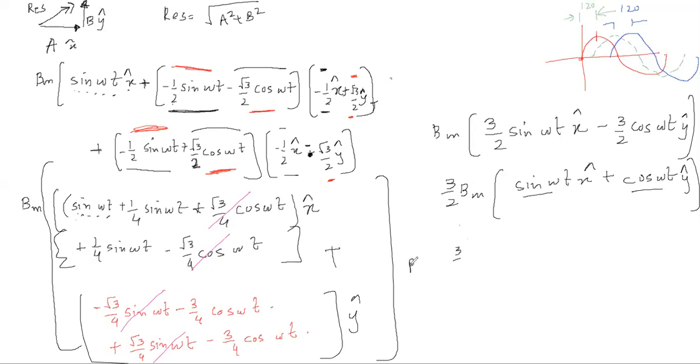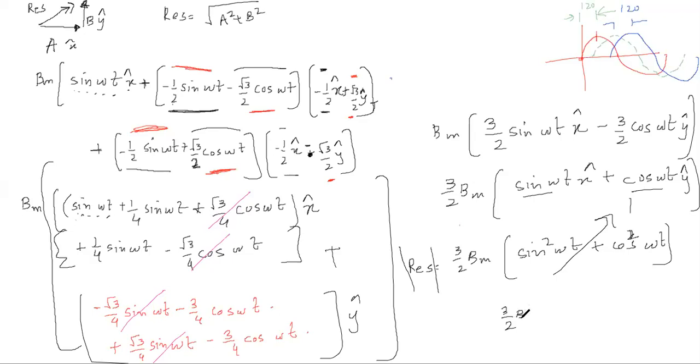So the magnitude of the resultant will be equal to 3/2 Bm times root of sin square omega t plus cos square omega t, and this is equal to 1. This is a well-known trigonometric identity, so the resultant magnitude is equal to 3/2 Bm.